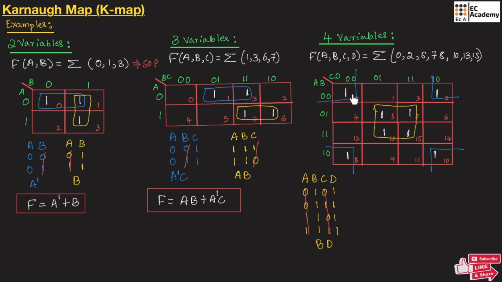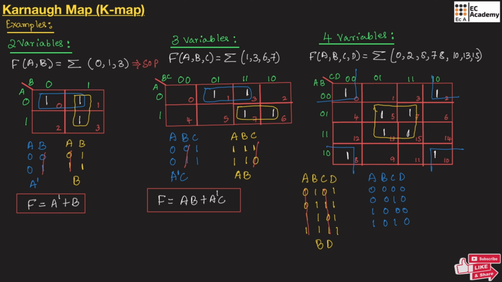For the next group, we write the values for A, B, C, D as 0, 0, 0, 0, 0, 0, 1, 0, 1, 0, 0, 0 and 1, 0, 1, 0.